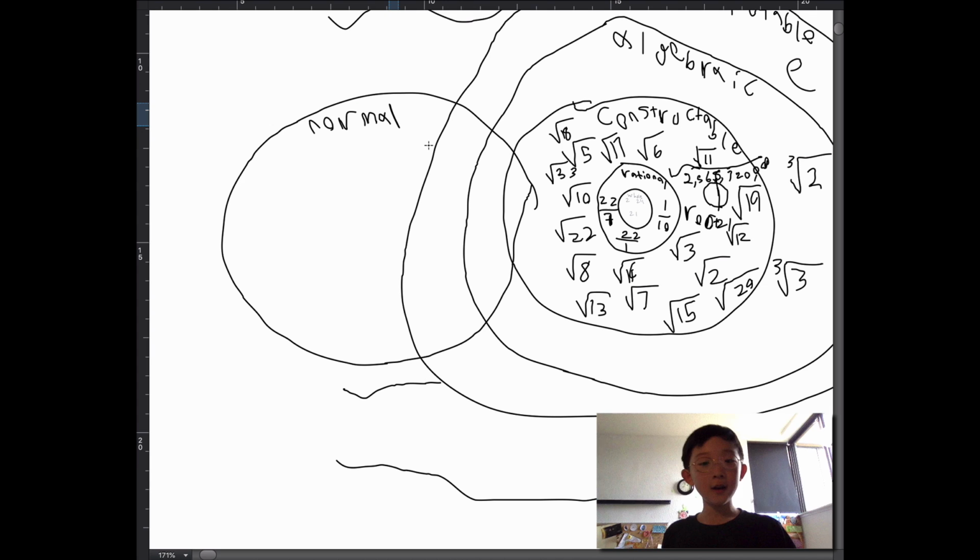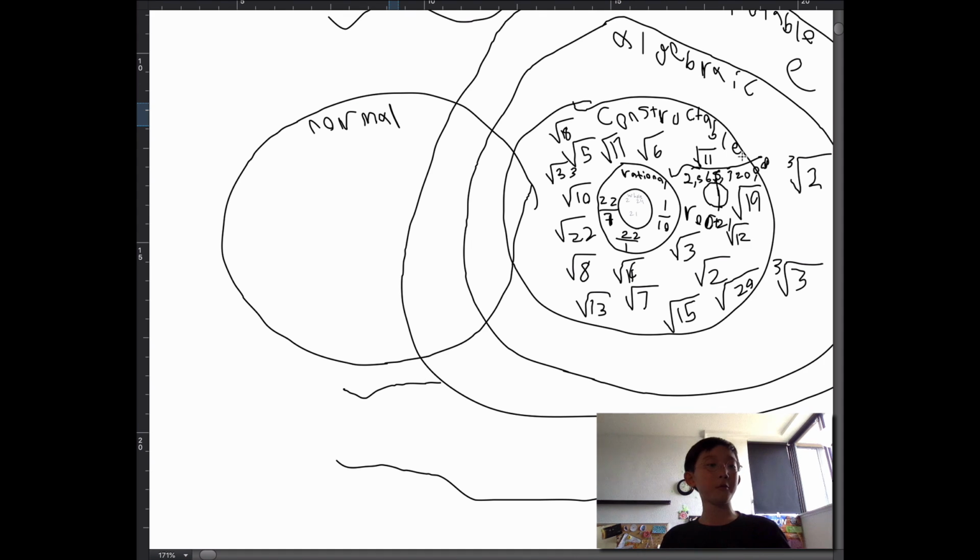So any number that's normal means you can find any number, like your phone number, in them. For example, square root of 2 would be normal if you could find anything in it. E would be normal if you could find any number in it. Pi would be normal if you could find any number in it.